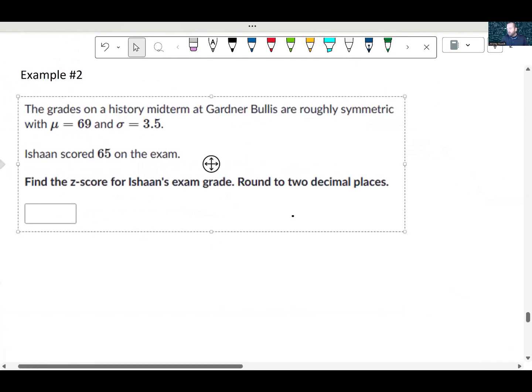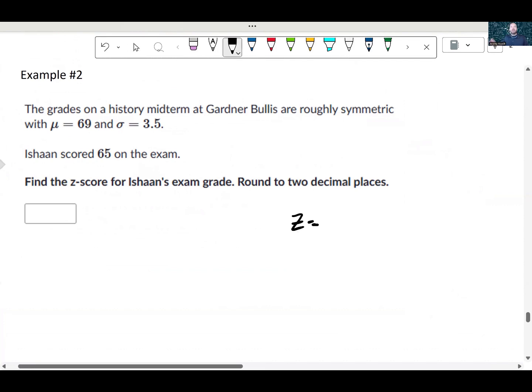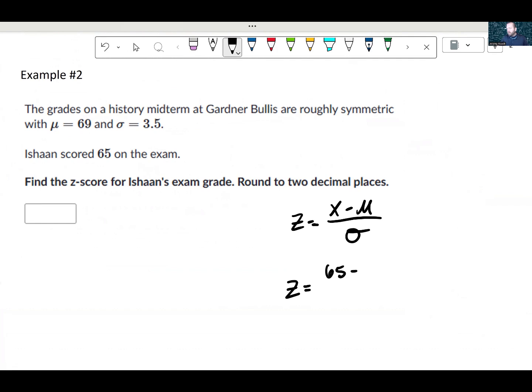Okay, one more. We're going to say this is x minus the average over the standard deviation. And this is 65 minus 69 over 3.5. Again, this is a data set of grades on a test.